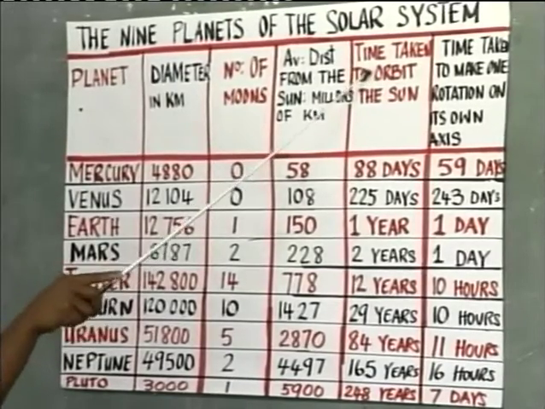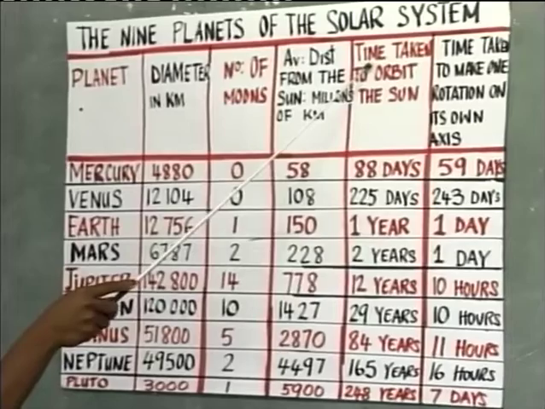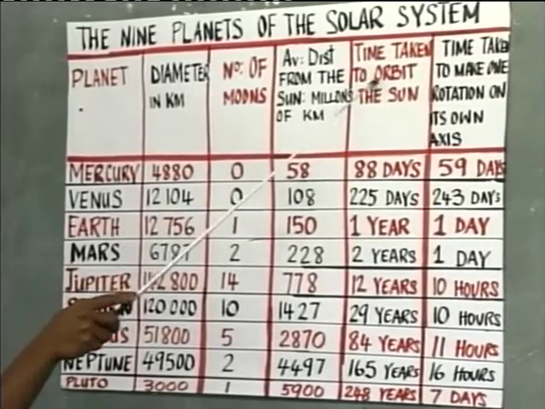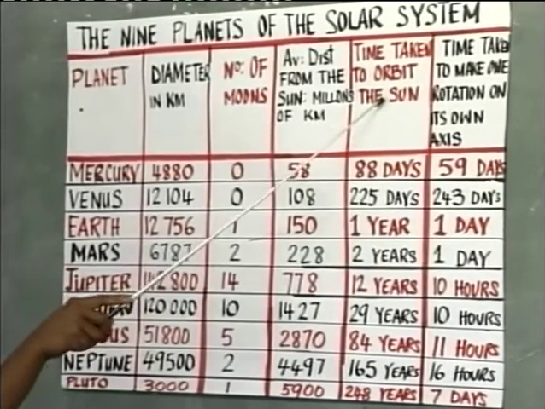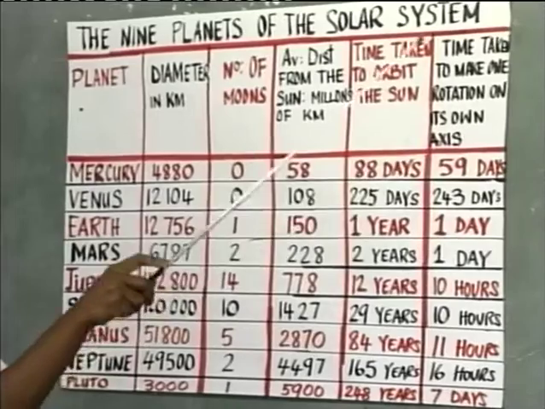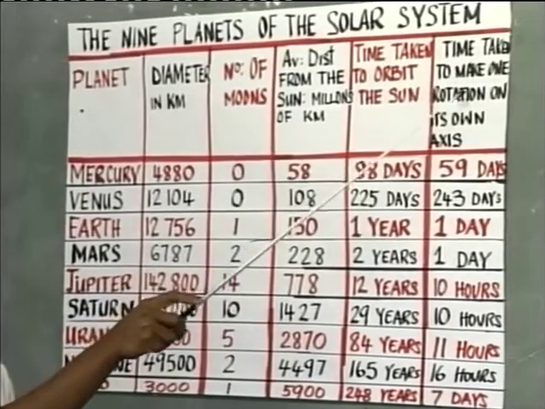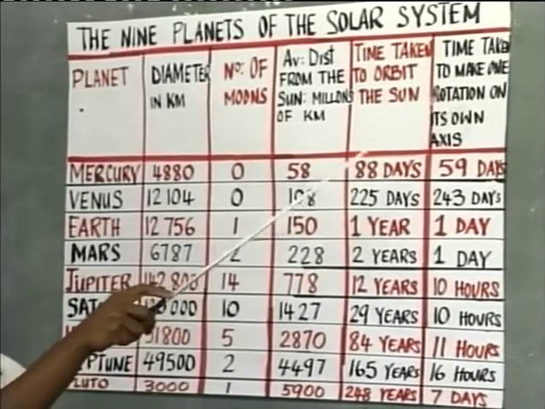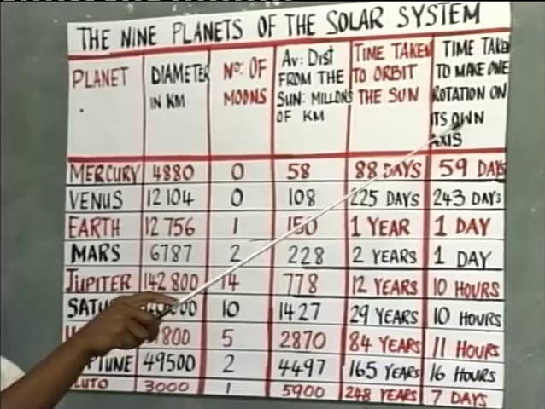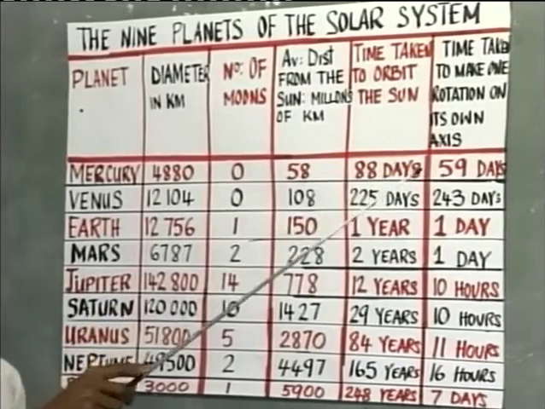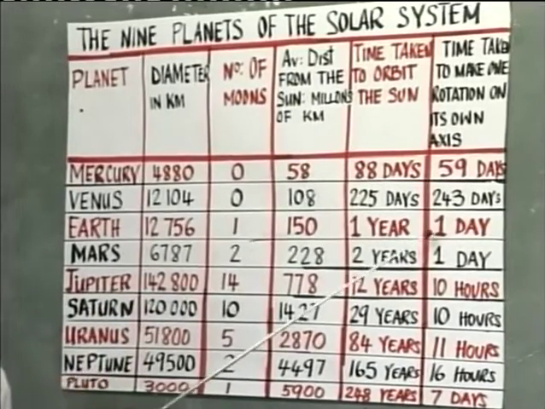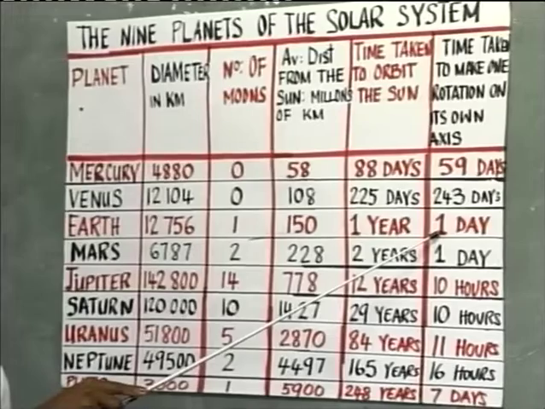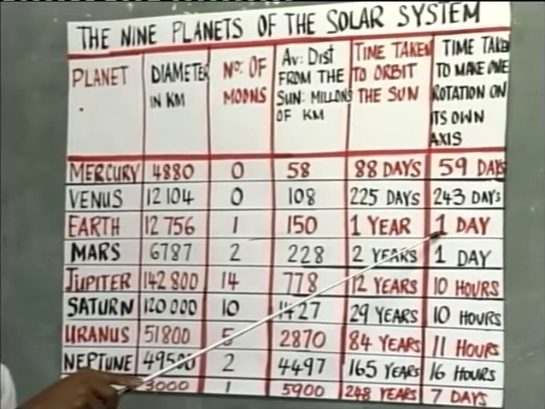The next column shows us the time it takes for each of those planets to orbit the sun. And finally, the time taken to make one rotation on each of those planets' axis. And for the Earth, we say it will take 1 day, which is 24 hours, for a complete rotation.